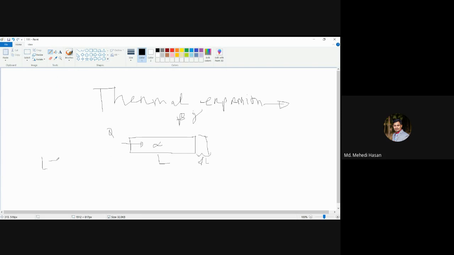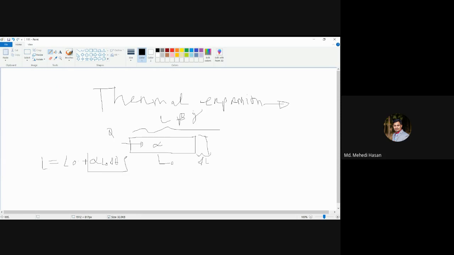So L equal to, if you consider the initial length is L naught and del L is the expansion and the final length is L, then we can say L equal to L naught plus alpha L naught del theta.